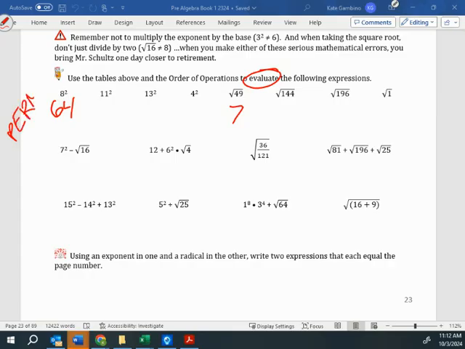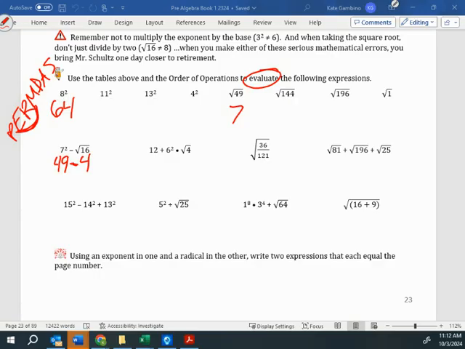There's no parentheses. My next layer is exponents and radicals. Reading from left to right, I see both exponents and radicals in this expression. So what is 7 squared? Go ahead and say it out loud. And I see I have a square root. What is the square root of 16? 4.